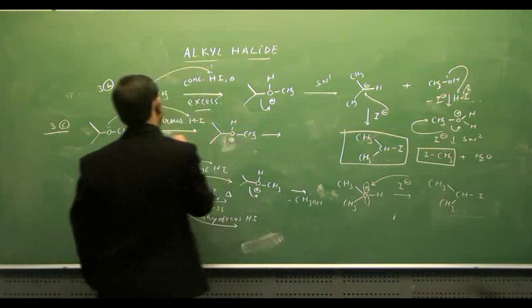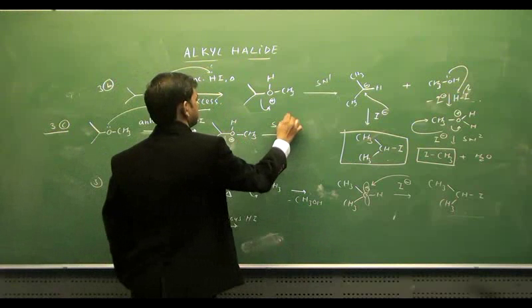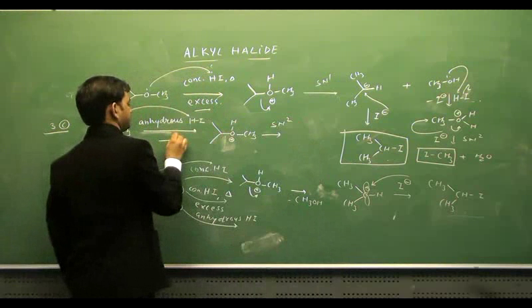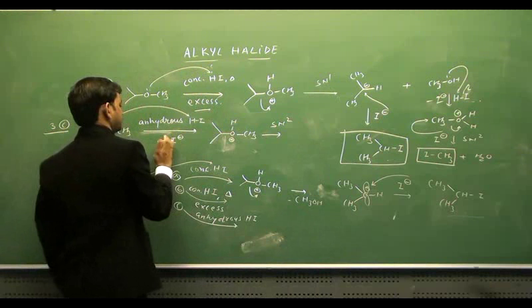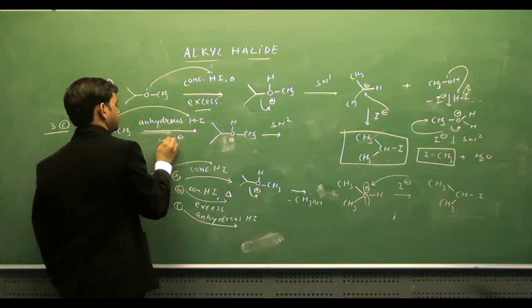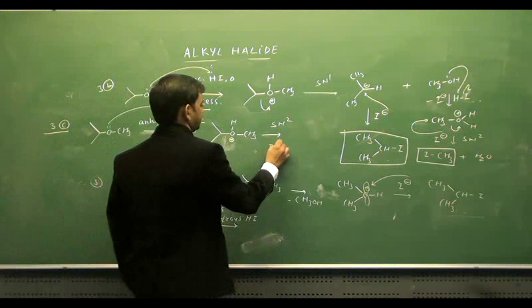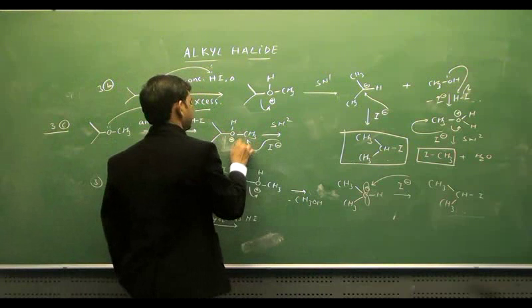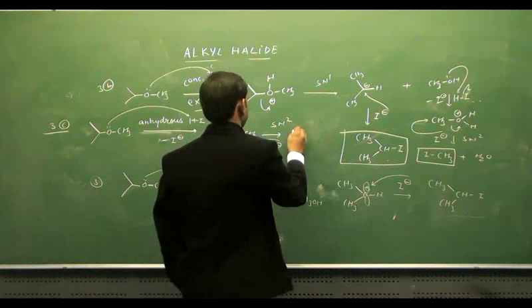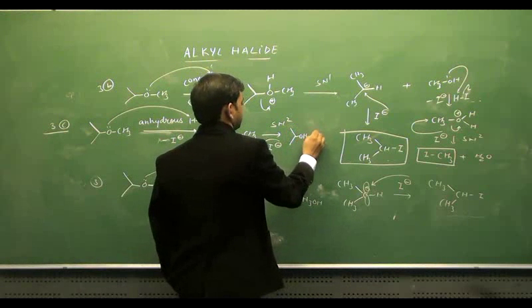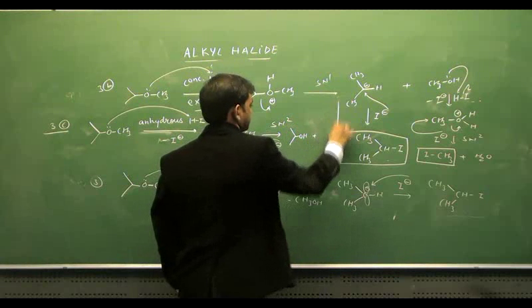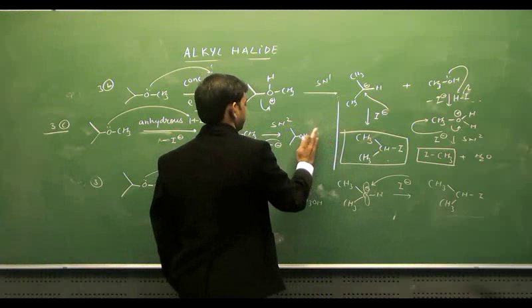In that case, in case of anhydrous, it is SN2. This iodide attacks the less sterically hindered carbon, and we obtain the product as CH3I.